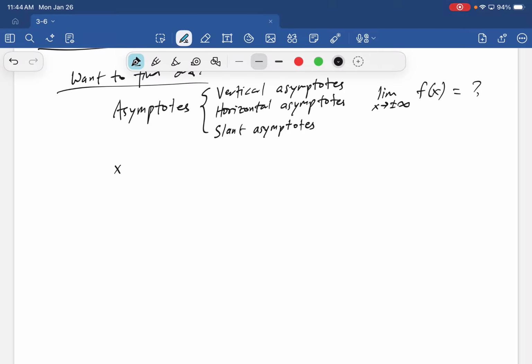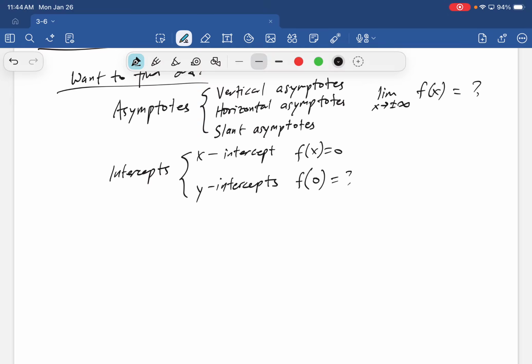Okay, we're also interested in intercepts. You guys know what intercepts are? Yeah, when you intercept the line. Sure. So we're interested in x-intercepts, which is where the function equals 0, right? And we're also interested in y-intercepts, which is when you plug in 0 into the function.